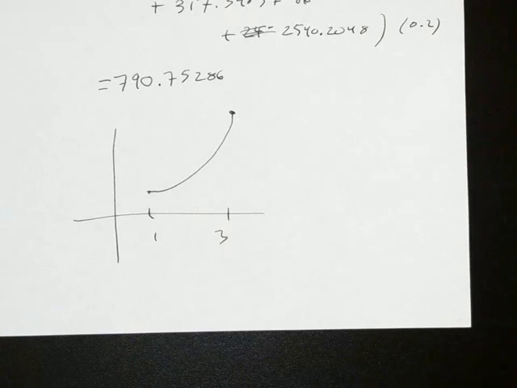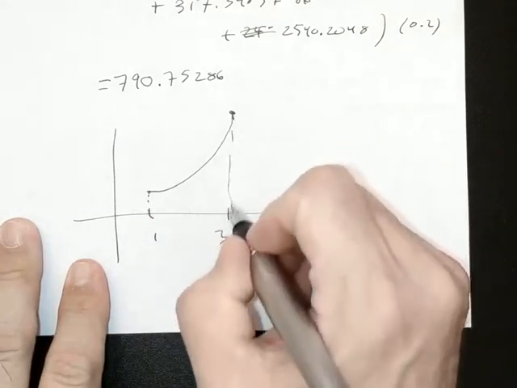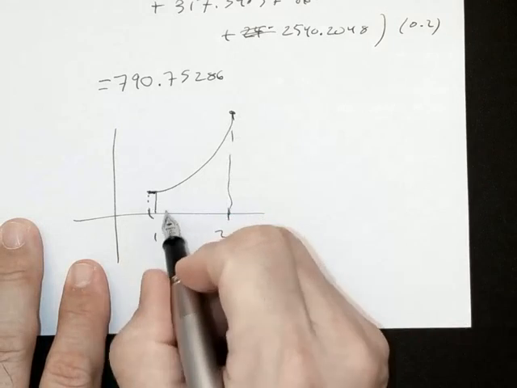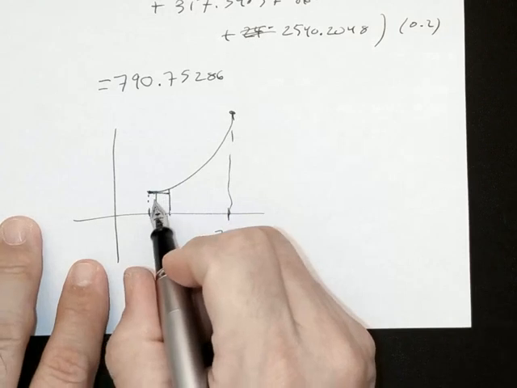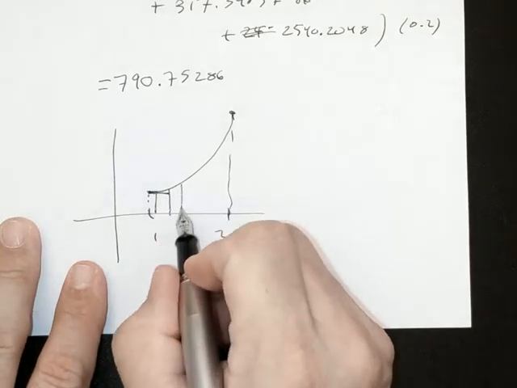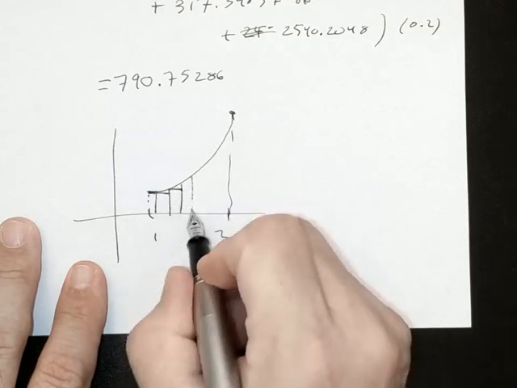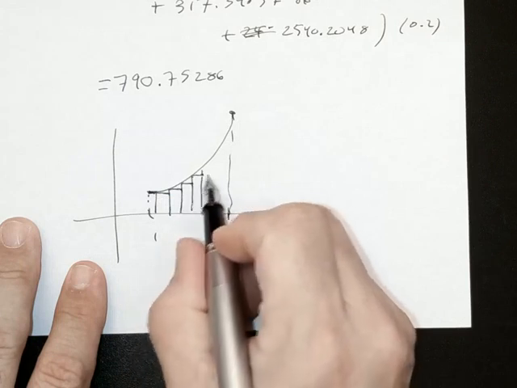Since it's concave up, what is true? That it's an overestimate. Well, wait a minute. I'm using the left edge for each of these, right? So let's think about that first rectangle. That first rectangle has as its height this left side. The second rectangle has as its height, we came in under. The third one, under. Okay, wait a second. I think this is actually going to be an underestimate.